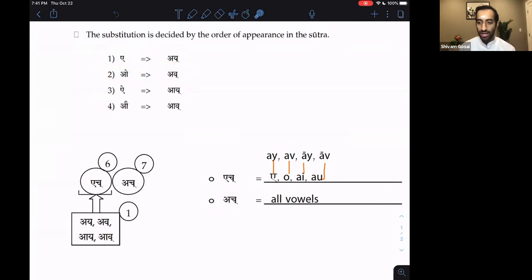O and V, those are similar. They kind of go together always. E gets replaced by ai. Those are two different things. And O gets replaced by au.